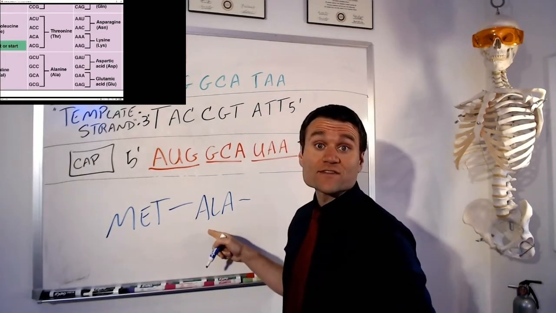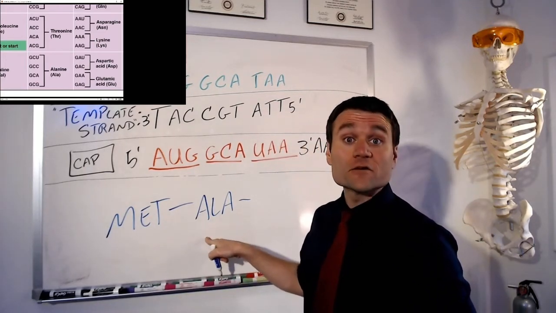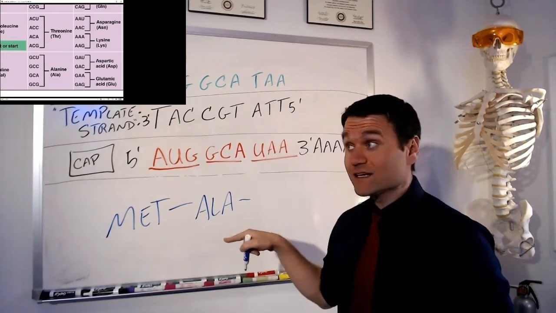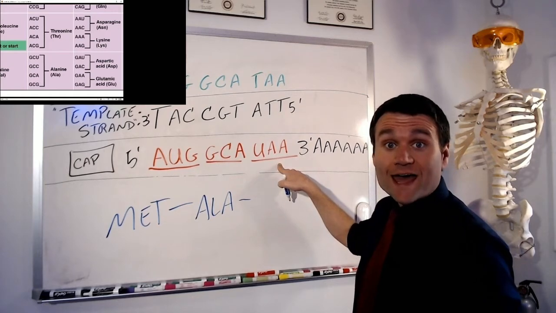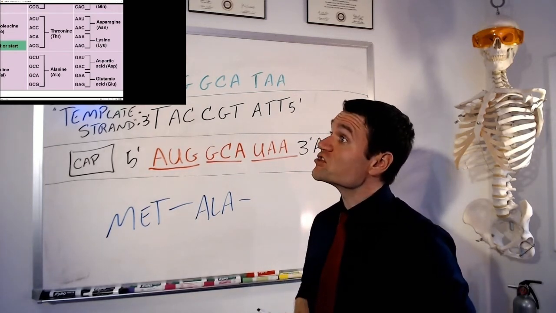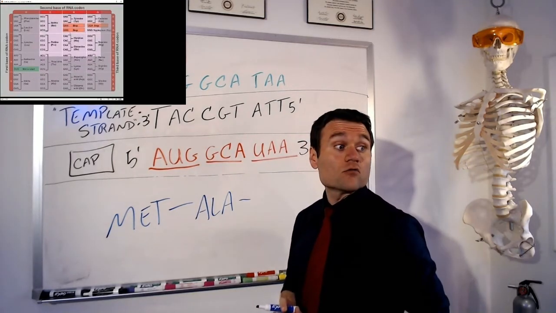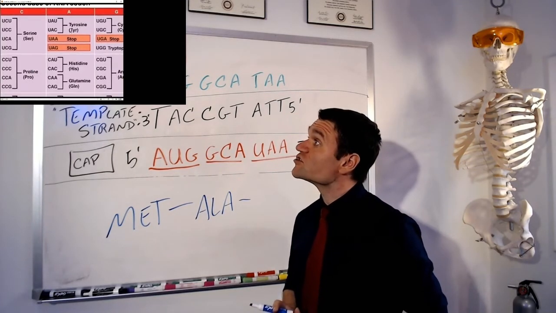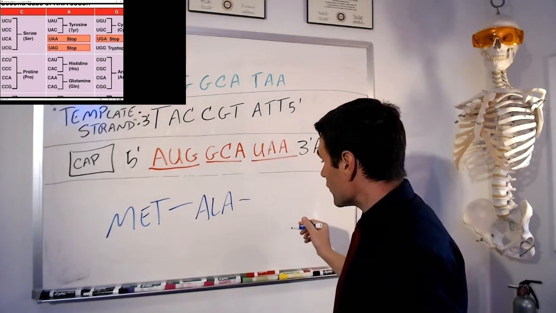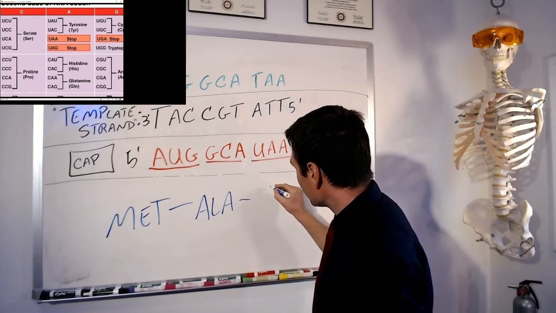These 3-letter abbreviations are perfectly fine for your answers. So we went from methionine to alanine, and now we have UAA as our final codon. So let's find that UAA up on the genetic code. If you take a look right here, you'll find UAA, and UAA is one of our stop codons.